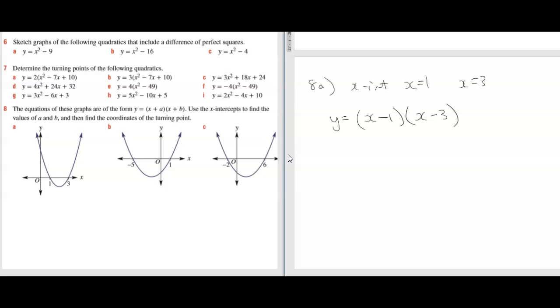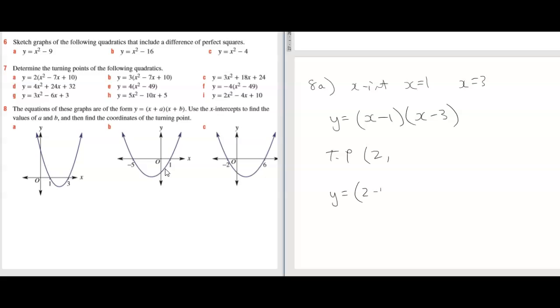Now, we've got to find the turning point. So the turning point is halfway between 1 and 3, which we can easily do. If not, just add them together. So 1 plus 3 is 4, divided by 2 gives you 2. Or you can see quite easily it's going to be 2. Now to get your y coordinate, we just substitute 2 into our equation.